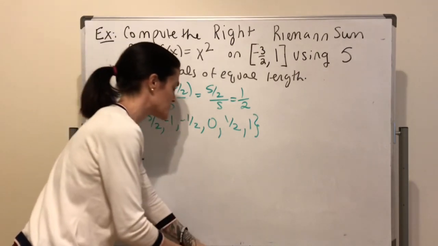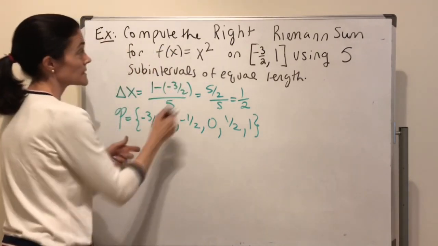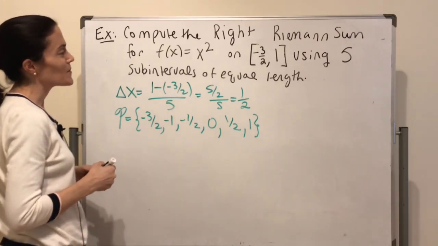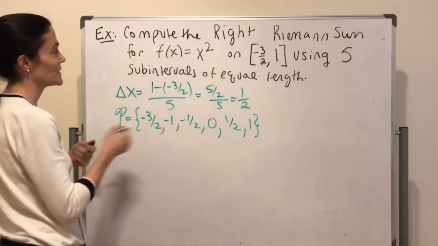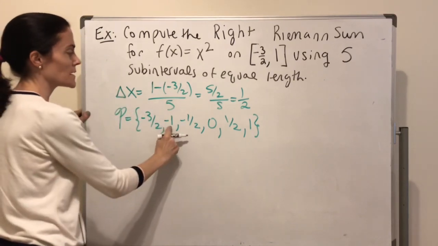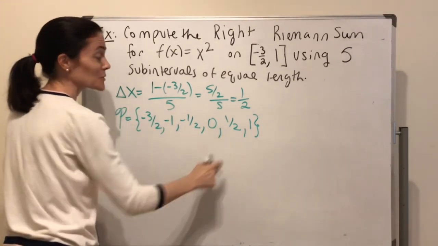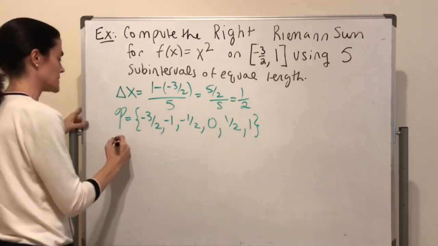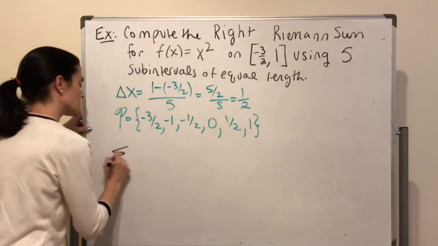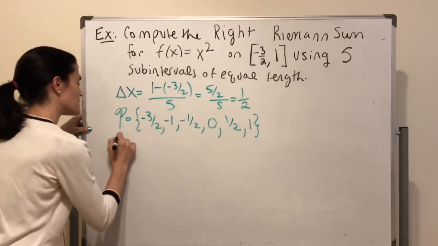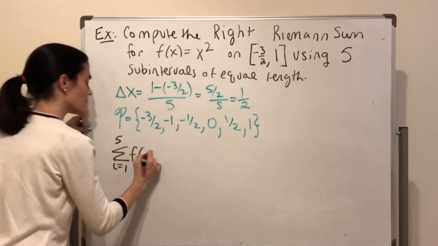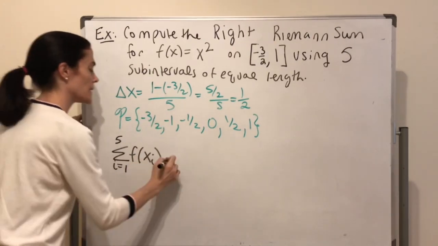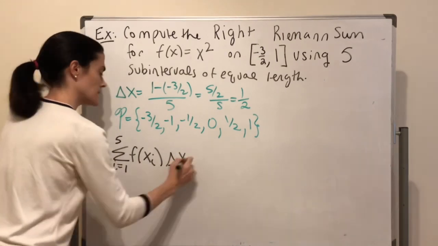And as I was mentioning, this is a right Riemann sum, which means we will be using the right endpoints of each subinterval for our height. Okay, so we want the sum i equals 1 to 5 of f of x sub i, that's the right endpoint, times delta x.